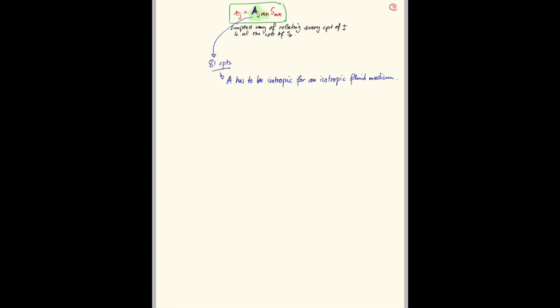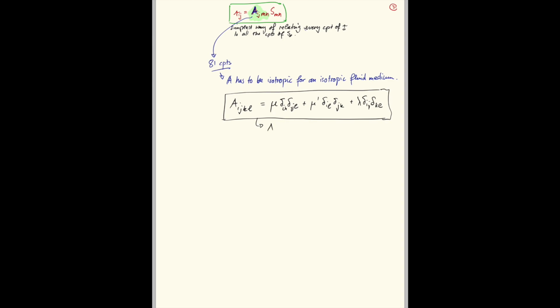And the expression then becomes, in general, Aijkl is mu, the point being that our isotropic fourth order tensor can be expressed in terms of the isotropic second order tensors delta ij.